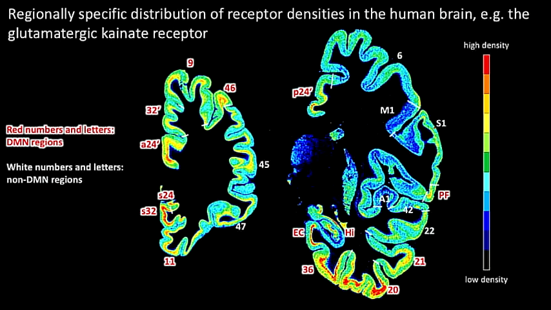Also, the inferior temporal lobe or gyrus, area 20, but area 22 and the sensory A1 area, this is Heschl's gyrus, have a very low kainate receptor density. So the red numbers and letters depict the areas of the default mode network, and the white numbers and letters of the non-default mode network.